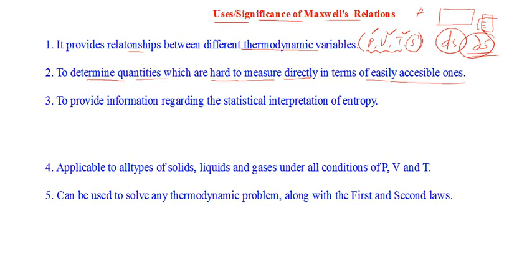So under different conditions, in terms of the directly measurable variables, namely P, V and T, a hard to measure quantity like entropy can be very easily measured. So like you have got dou P by dou T equal to dou S by dou V. This is the basic structure, right? I'm not writing the dou and all.